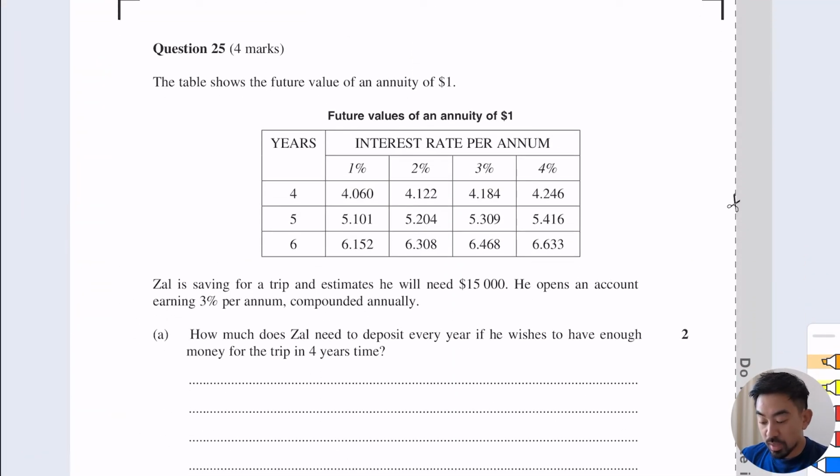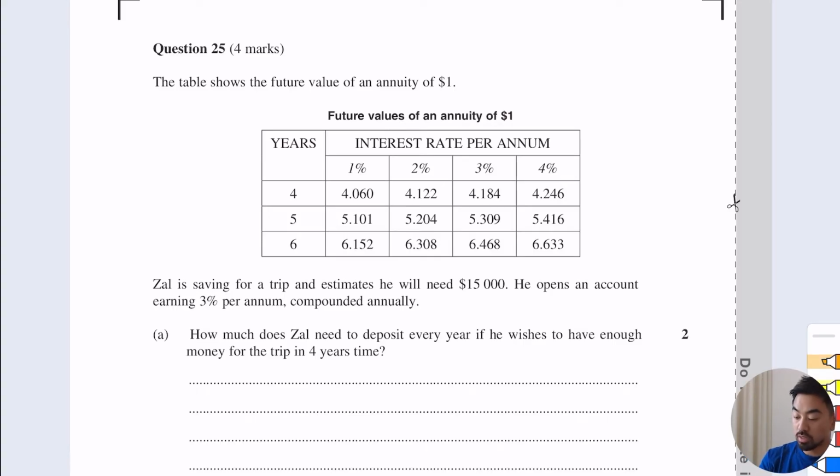All right, 25. A table shows the future value of an annuity of $1. So here we get given a table of future values and the interest factors. Zal is saving for a trip and estimates he will need $15,000. He opens an account earning 3% per annum compounded annually. How much does Zal need to deposit every year if he wishes to have enough money for his trip in 4 years' time?